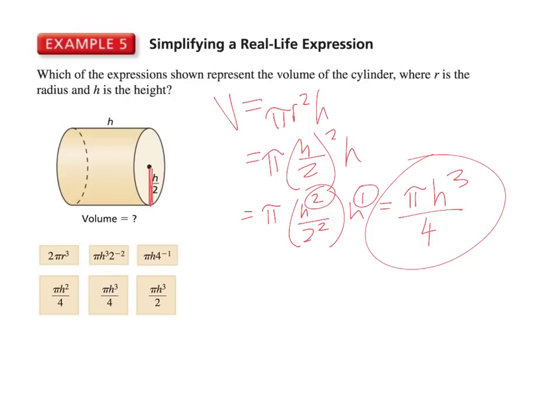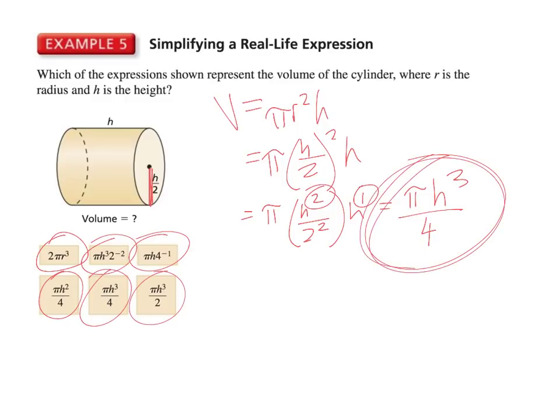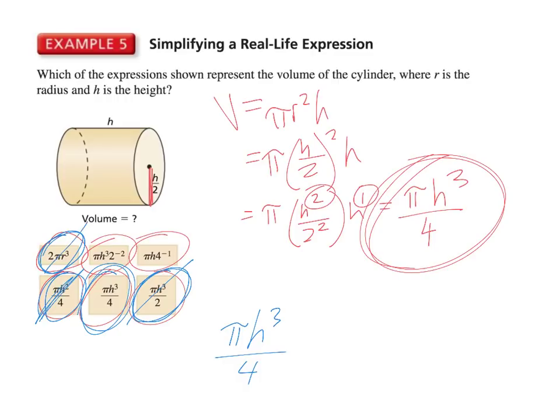Now I just have to look at these expressions and see which ones are equivalent to what I have here. All right, let's see. Well, this would be one of them. That's pretty straightforward. Okay, there's nothing we could do to simplify this one, so that's definitely out. There's nothing we could do to simplify this one, and it doesn't match up. That one's out. This one here, no, that one's out.